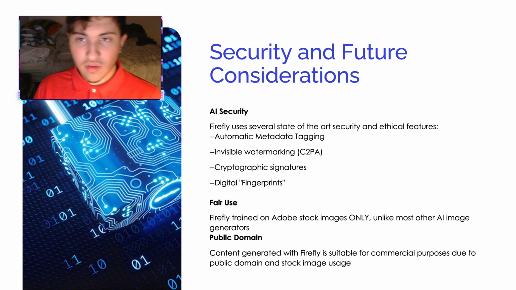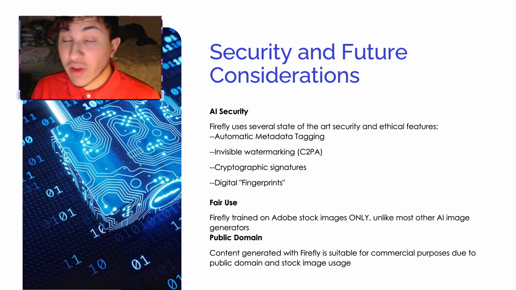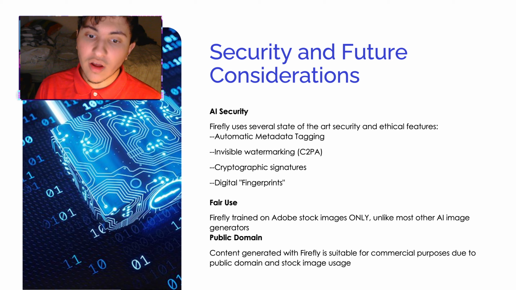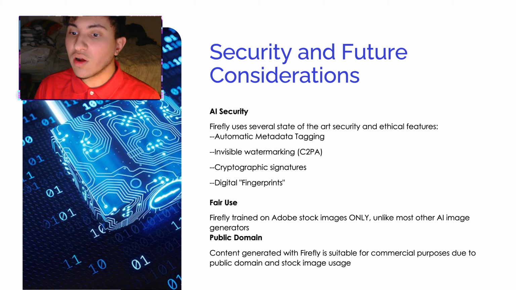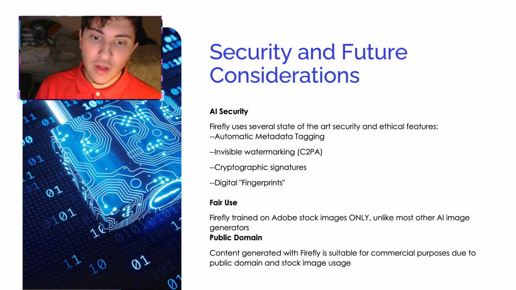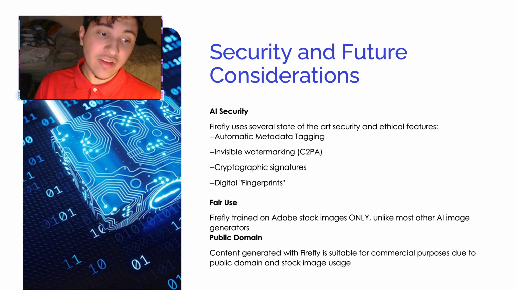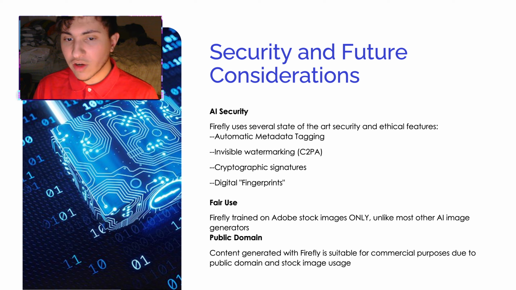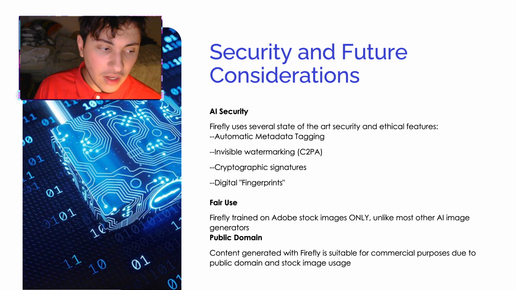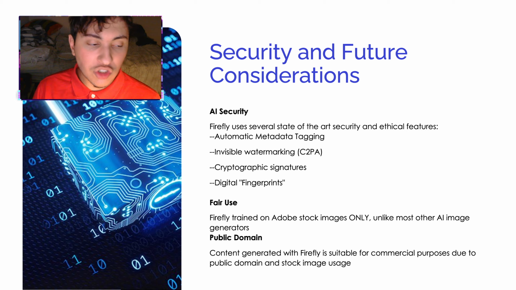The other main consideration that this AI has, an advantage over other AIs, is that it is trained on Adobe Stock images only. Unlike literally almost every other, I couldn't find a single other AI image generator that was solely operating off of stock images. The reason that's important is if you're a content creator or a business and you're trying to make a commercial product with an AI, and you make something that contains copyrighted material, that AI image could be copyrighted.